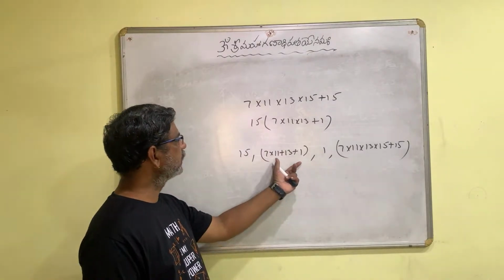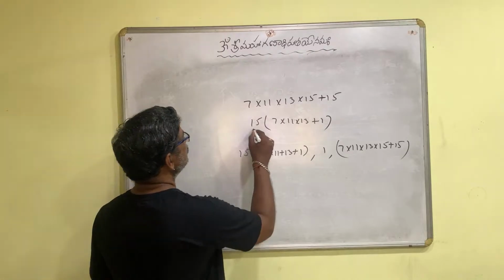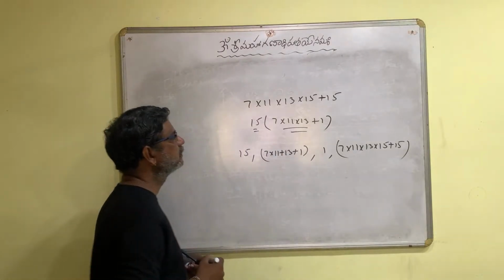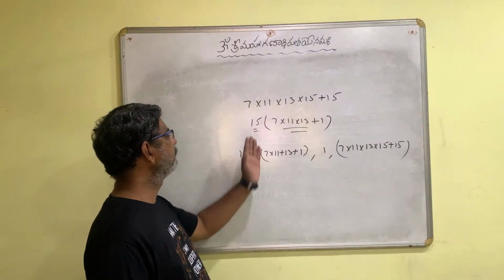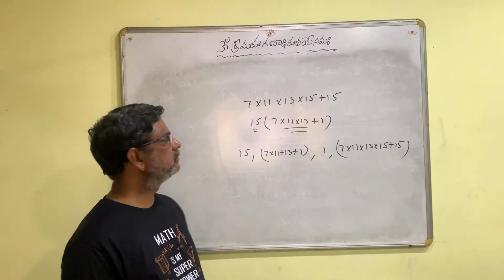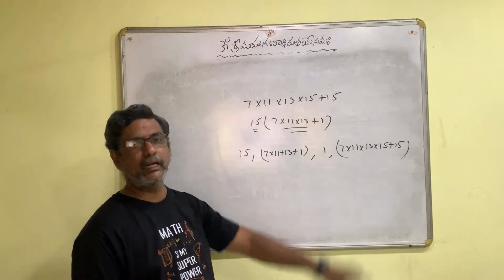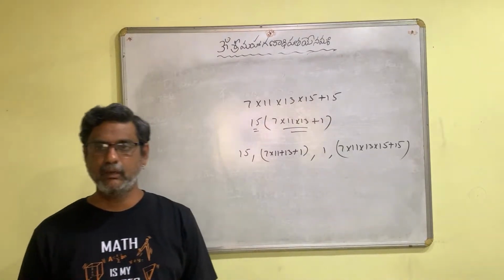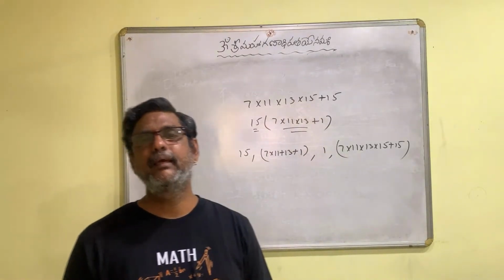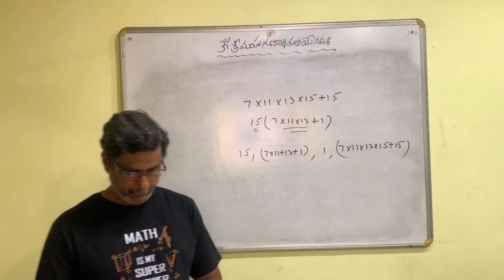And the remaining portion, after taking 15, you can observe two numbers over here. This is one and this is the second one. 15 is a factor to this number, and the remaining one is also a factor of that. So we can observe 4 factors over here: 1, 2, 3, 4. Okay? So since the given number is having more than 2 factors, it is a composite number.